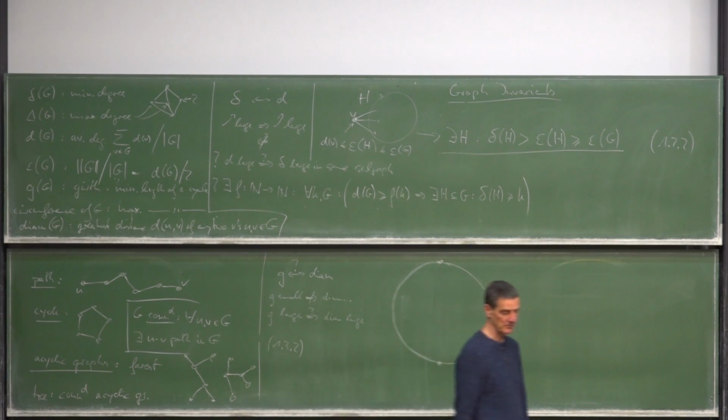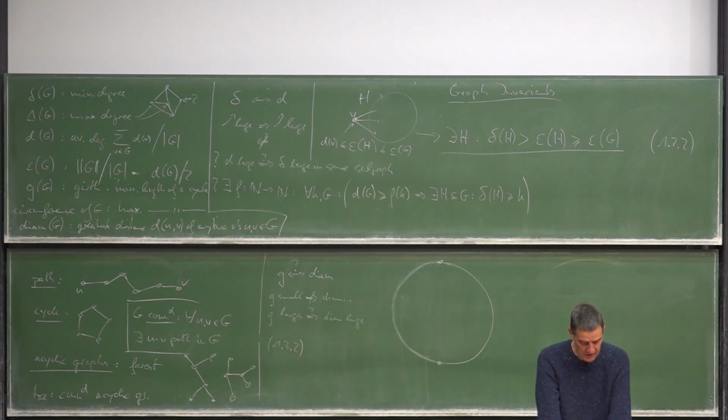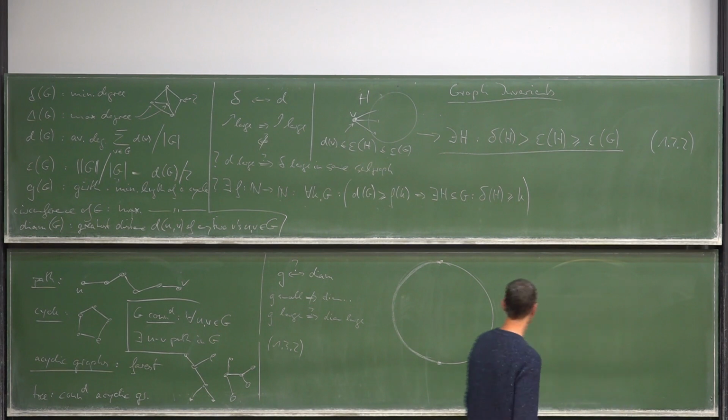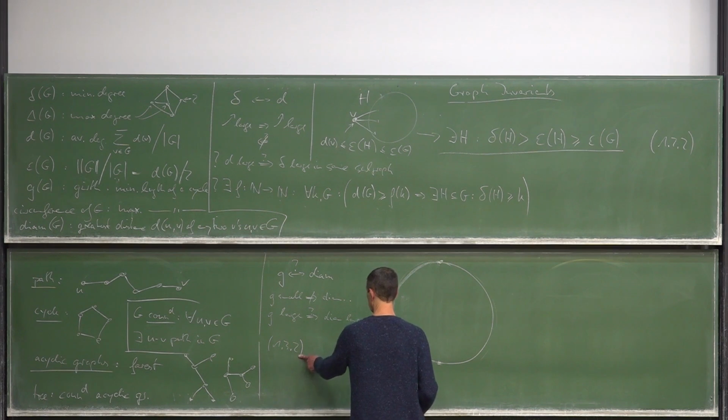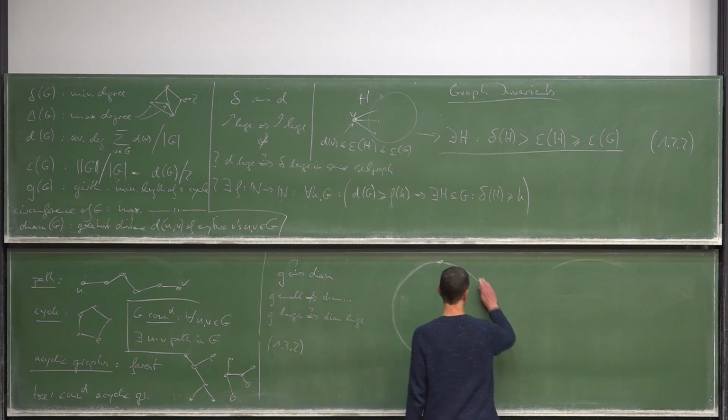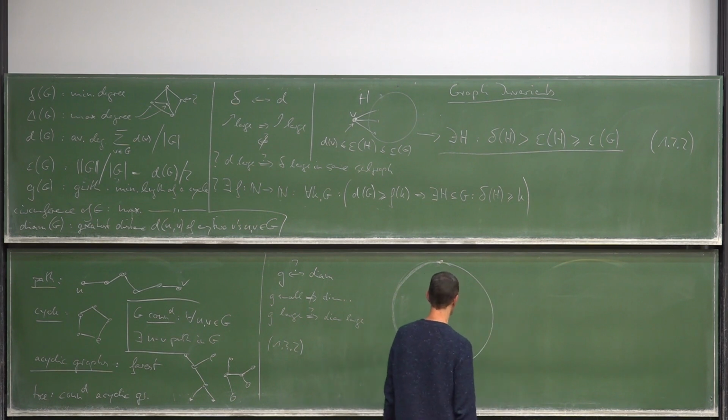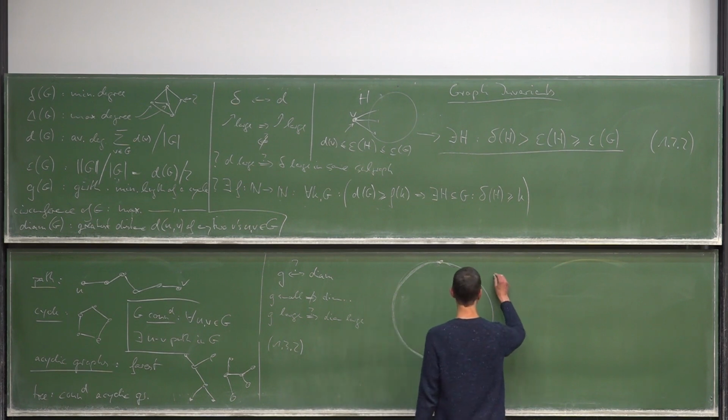So the 132 says that the girth is at most twice the diameter plus 1. So suppose we have girth at least twice the diameter plus 2.